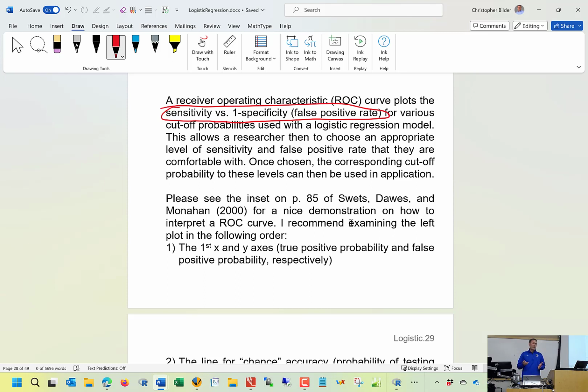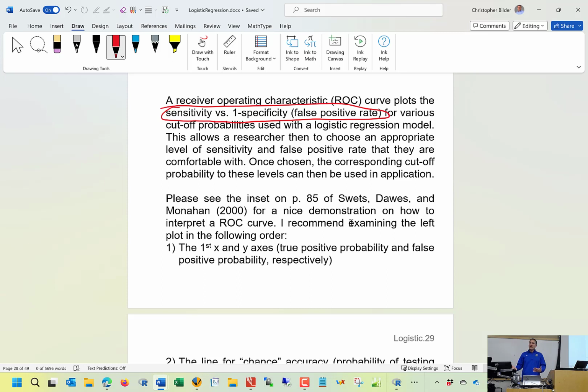Then for a cutoff probability of 0.2, find the sensitivity, find the 1 minus specificity, plot a point for it. Do this for a bunch of cutoff probabilities, let's say from 0 to 1, maybe by 0.01. Then you connect all the dots with a line, and that's your receiver operating characteristic curve.